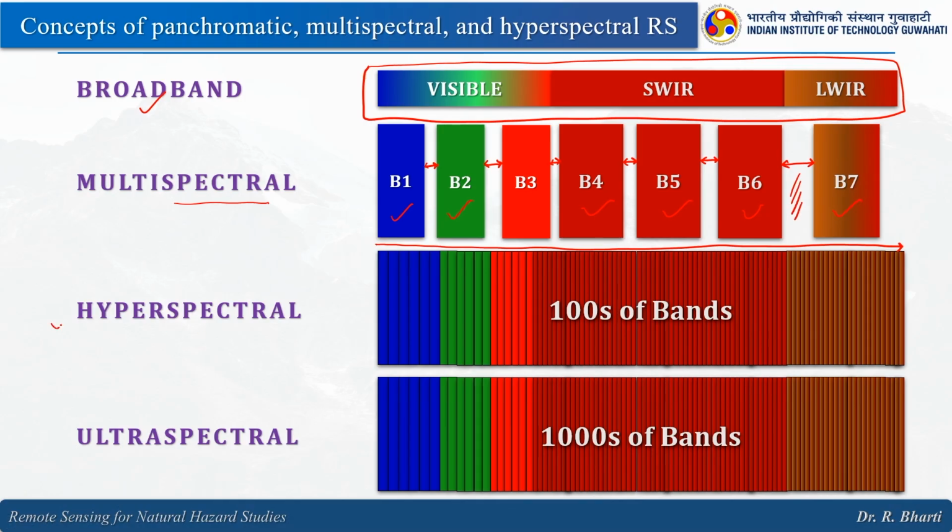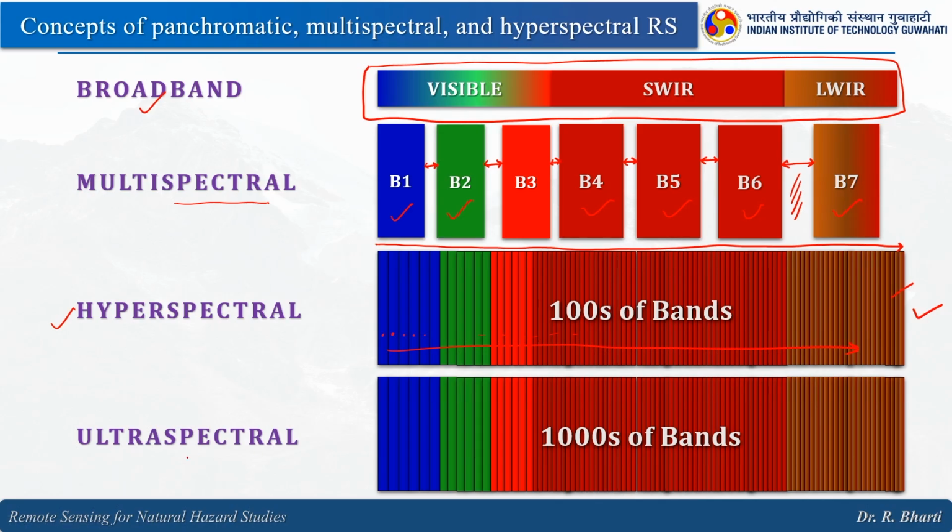Now, when we move to hyperspectral, here we have hundreds of bands, and this is contiguous in nature. There is no gap between the first image and the second image and the third image, fourth and so on. So, here you will have very good spectral resolution.